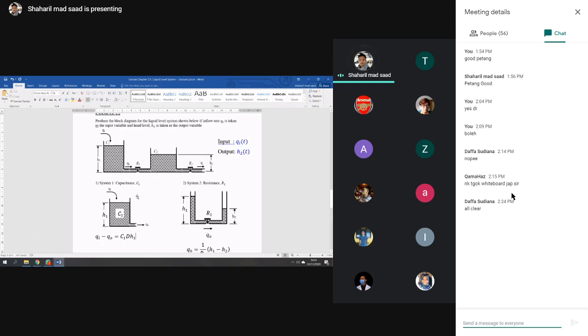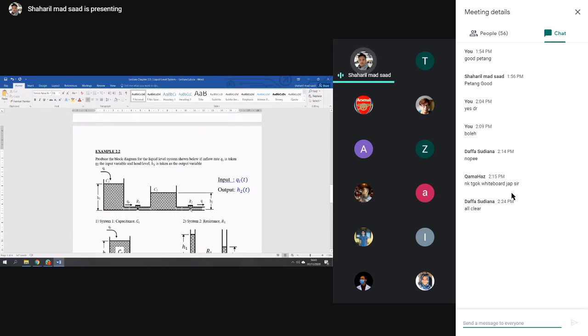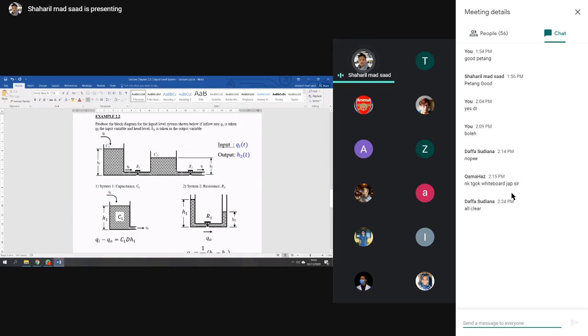Done. And then the last one, resistor number 2: you have the height H2 and height H0, where H0 is equal to 0.